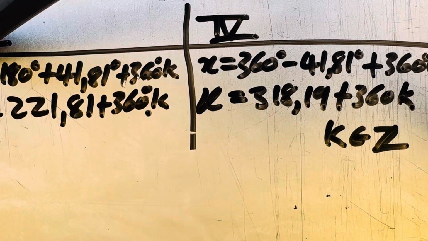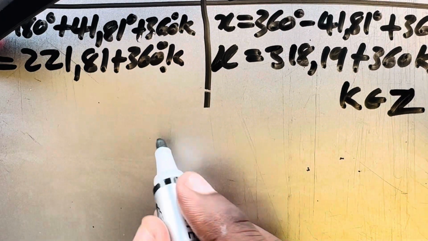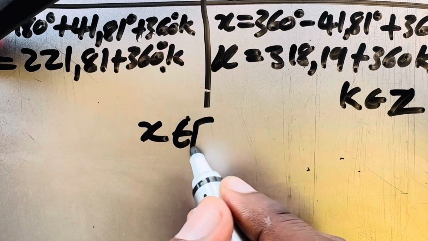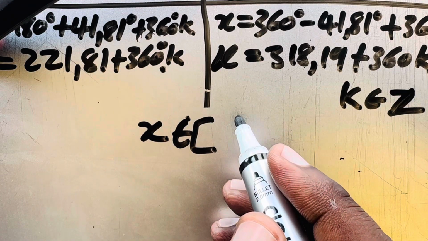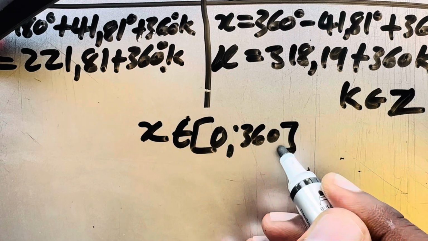Now we have a restriction that we must determine the values of x, where x is an element from 0 degrees to 360 degrees.